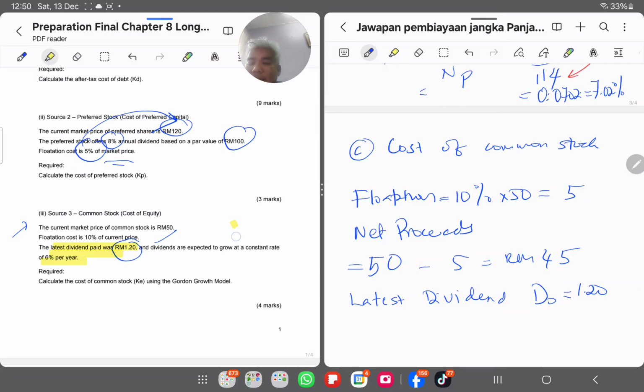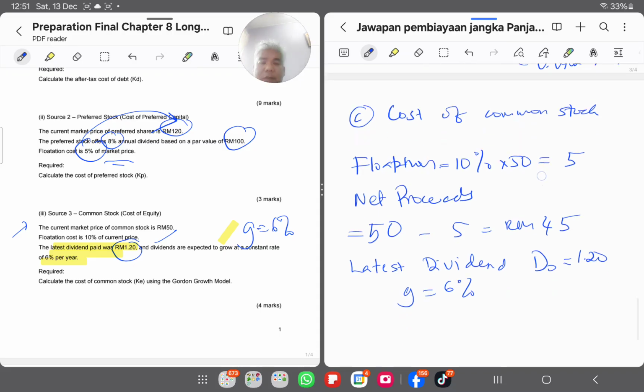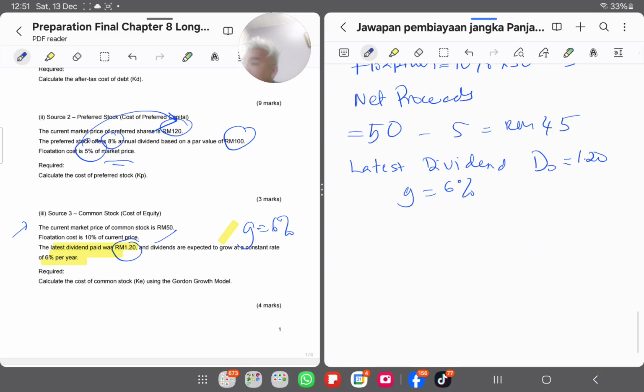Dividends are expected to grow at a constant rate of 6%. This is G, 6%. And then from the information, we have a step.